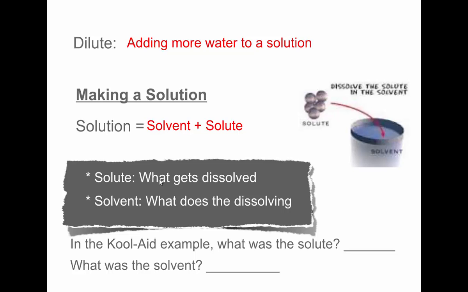So if you make a glass of Kool-Aid, what's the solute? Talia? The Kool-Aid powder. And the solvent is water. For our cases, water is almost always going to be the solvent. There can be other solvents, but we usually are going to talk about water as a solvent.